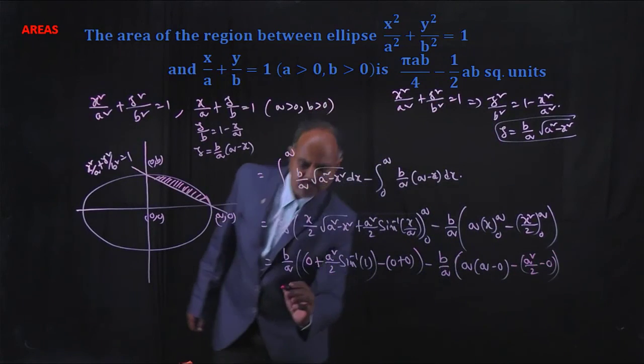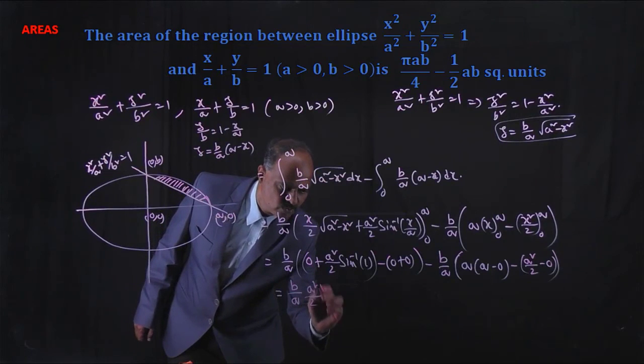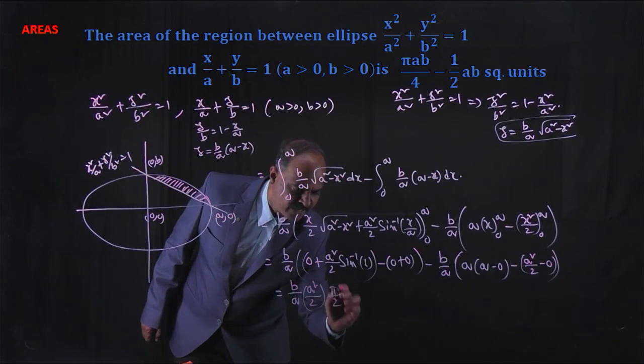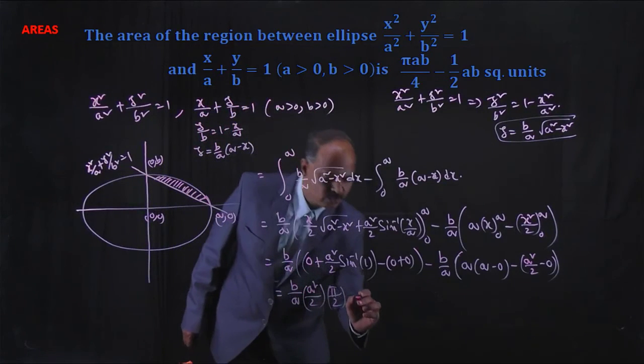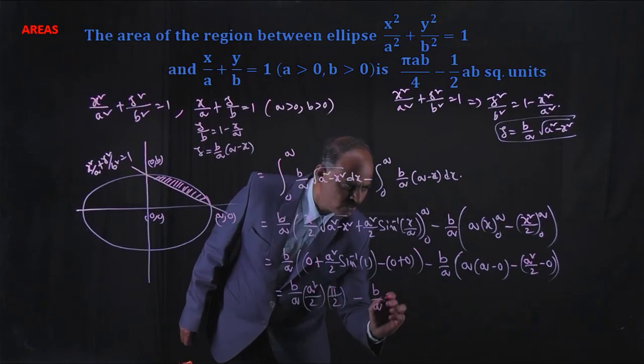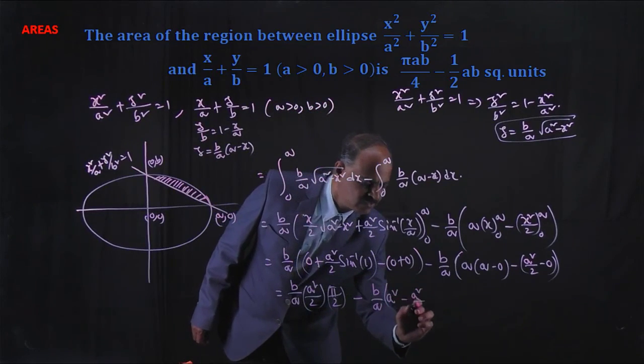Now here that is equal to b by a into a square by 2 into sin inverse 1, sin inverse sin pi by 2, which is equal to pi by 2, minus b by a into a square minus a square by 2.